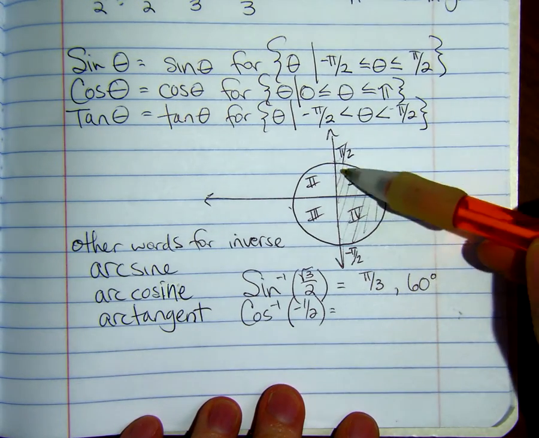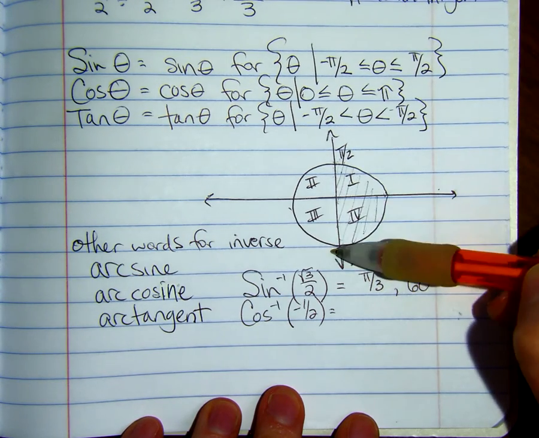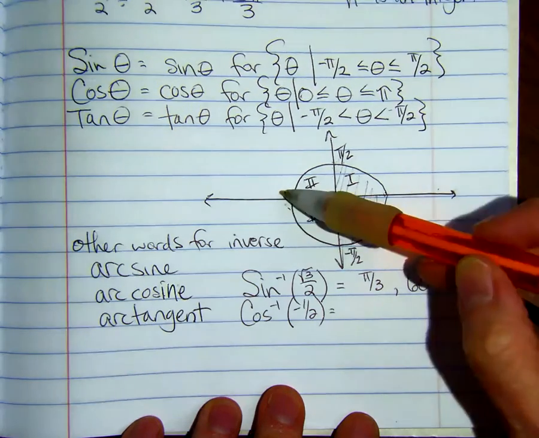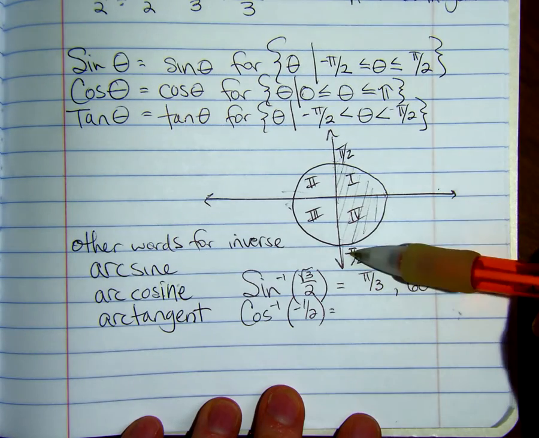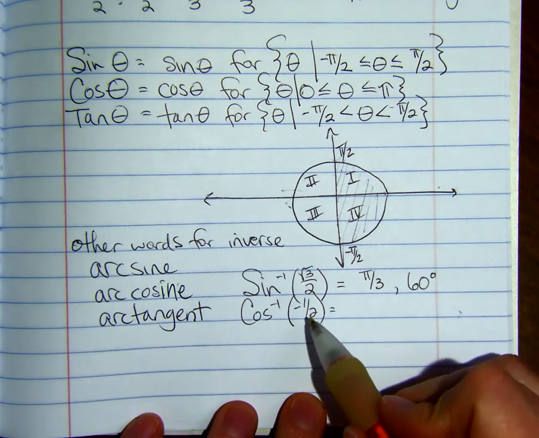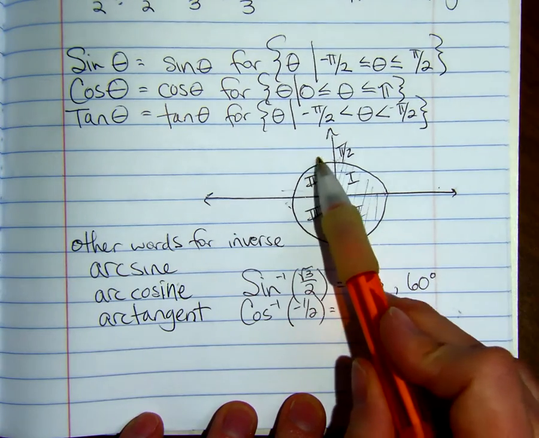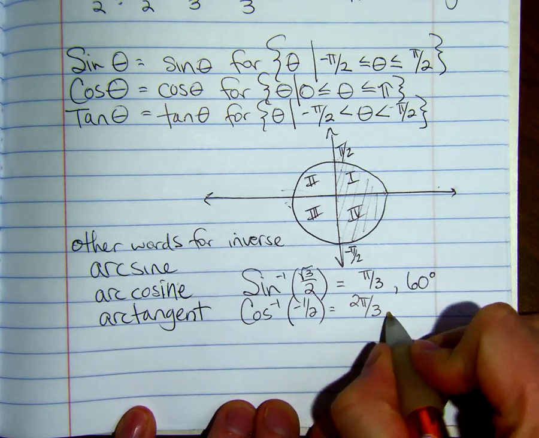Sine is this because it's where you get all the y values. Cosine would be this. That's where you get all the x values. And then this would give you all the tangents, positives and negatives. Okay, so cosine negative 1/2. You'd be coming out here, negative 1/2 is going to be right there, which is 2 pi thirds, or 120 degrees.